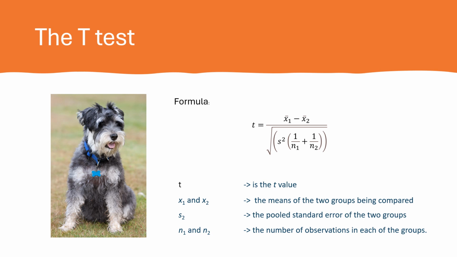The t-test comprises x1 bar, the mean of the first group, minus x2 bar, the mean of the second group, whole divided by the square root of s, which indicates the standard deviation or standard error of the two groups, multiplied by 1 over n1, the number of samples in the first group, plus 1 over n2, the number of samples in the second group.